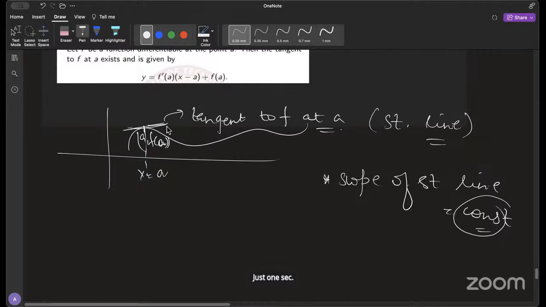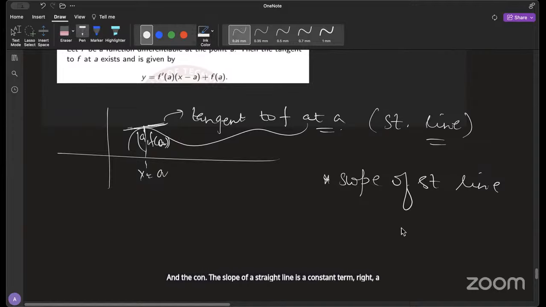So if this is a tangent to your curve at the point a, then the tangent is always a straight line, and the slope of a straight line is a constant term, like straight lines are of this form, right? mx plus c. By the way, the slope is the derivative only.